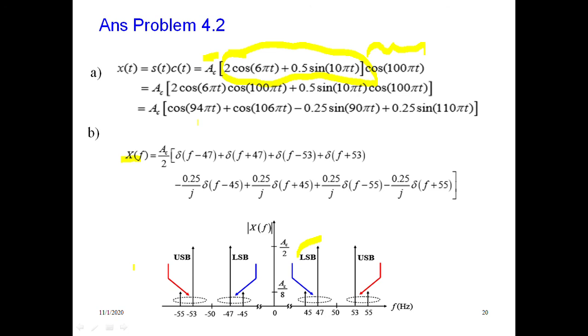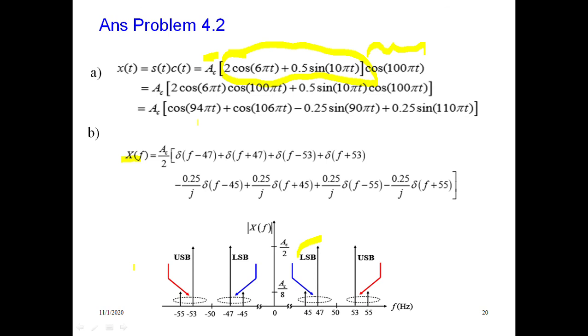Right now we have identified the spectrum, and the last part is we have to find the power. How we want to find the power is by AC squared divided by 2, multiplied by the power of each signal.